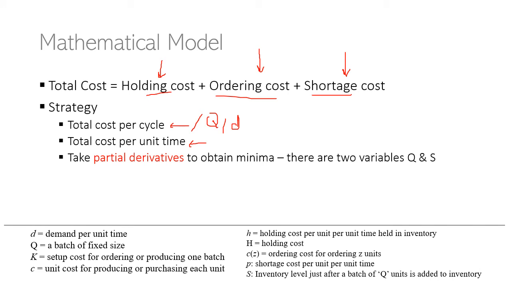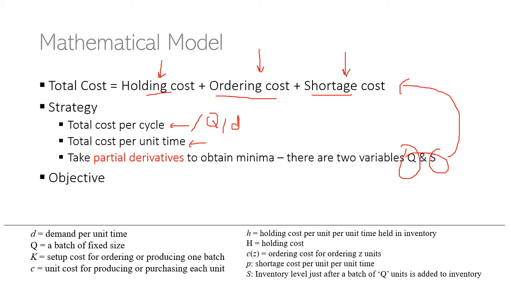And finally, we are going to take partial derivatives to obtain minima because we want to find out for what values of Q and S we get the minimum value of the total cost. Because we have two variables this time, we will have to take partial derivatives.